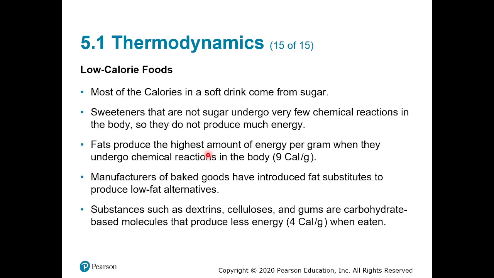Okay, so let's talk a bit about low-calorie foods. Most of the calories in soft drinks actually come from sugars. This is why they're a real problem for our current society, really messing with our health, right? Okay. We're getting way too much sugar now. It's causing just havoc on every aspect of human health in the U.S. So sweeteners that do not have sugar undergo very few chemical reactions in the body, and they do not produce much energy.